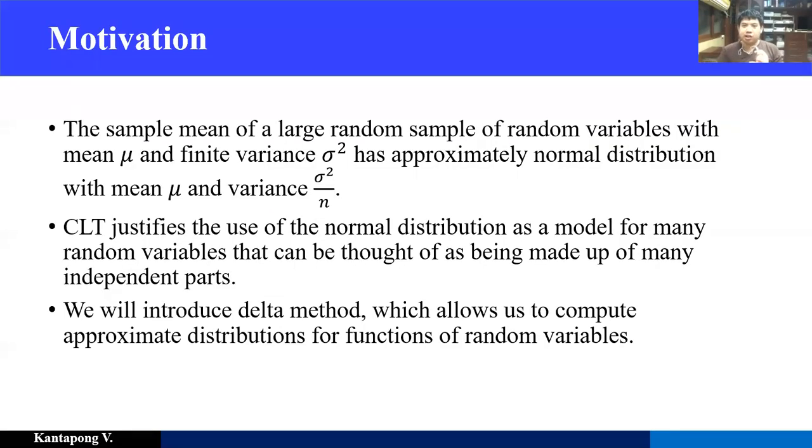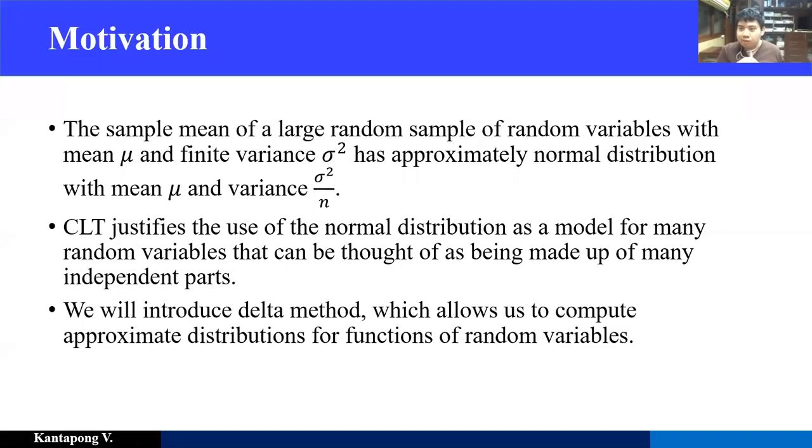So in this lesson, we talk about the central limit theorem. As I've said in the last chapter, the central limit theorem is the most fundamental theorem in statistics. If you study mathematical statistics, this will be one of the first theorems that comes up.